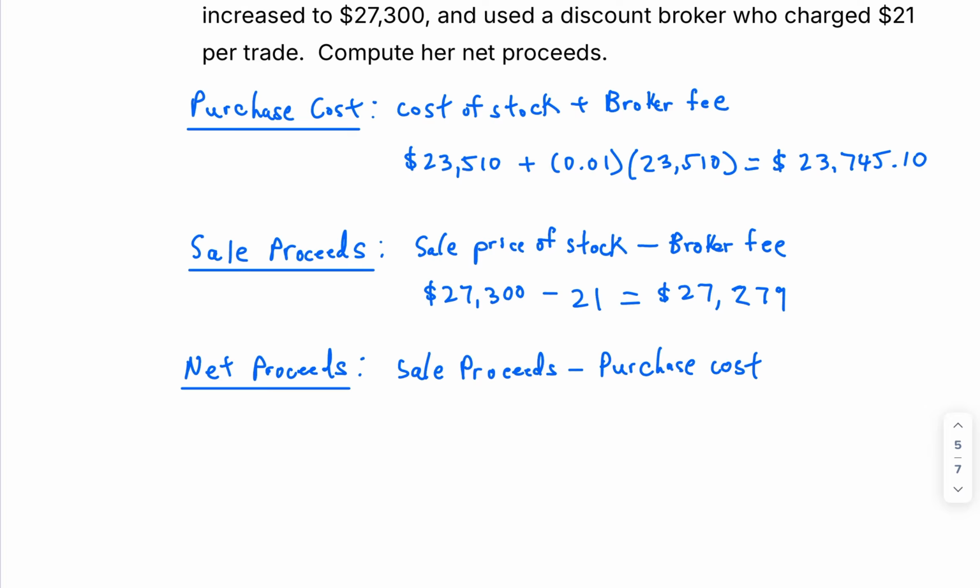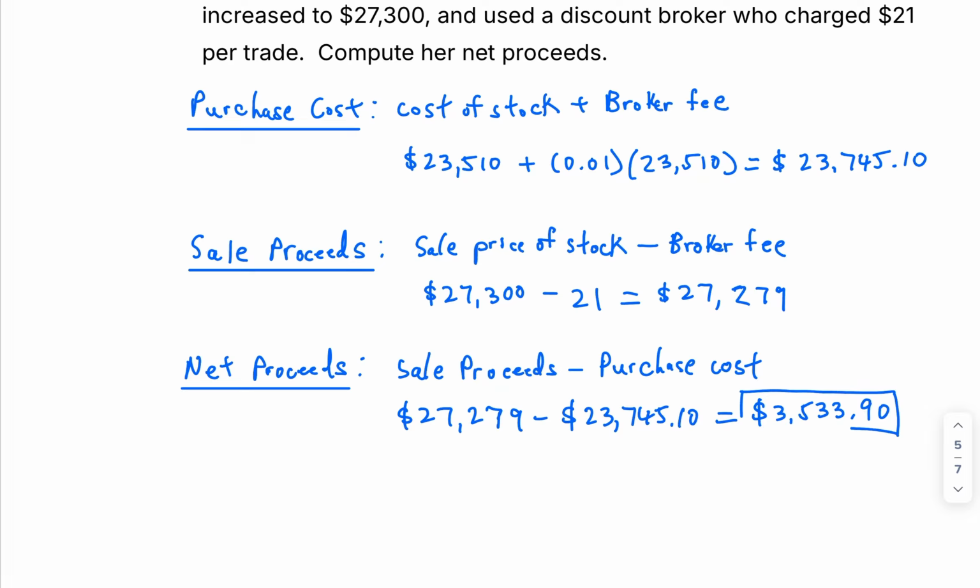Okay, well, the sale proceeds was $27,279, and we're going to subtract the purchase cost, which was $23,745.10. And punching that in the calculator works out to $3,533.90.